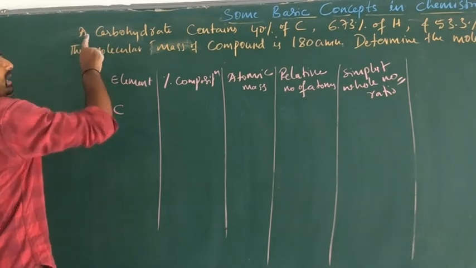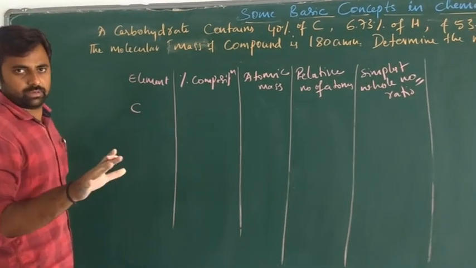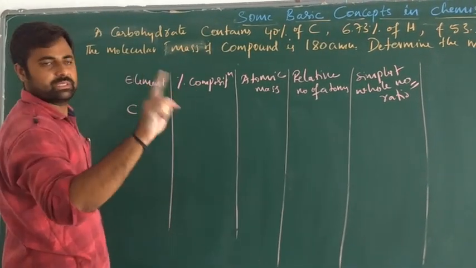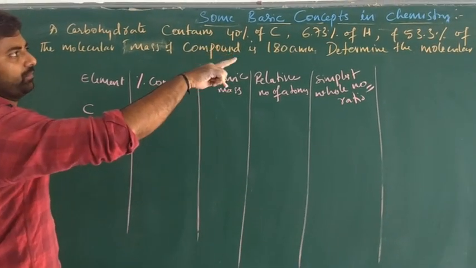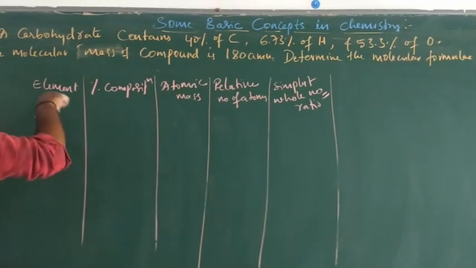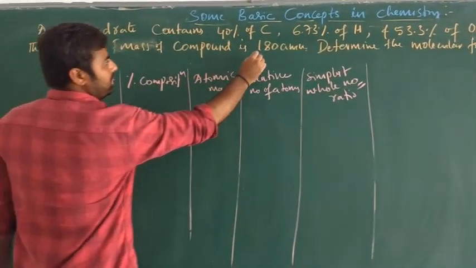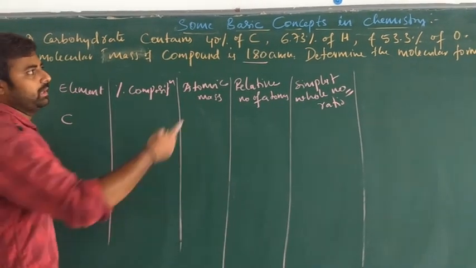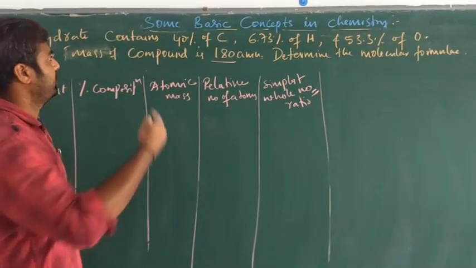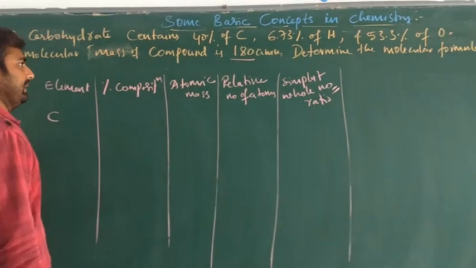The problem is: a carbohydrate is a compound containing 40% of carbon, 6.73% of hydrogen and 53.3% of oxygen. The molecular mass of the compound is 180 AMU. Determine the molecular formula of the carbohydrate. Let's see.